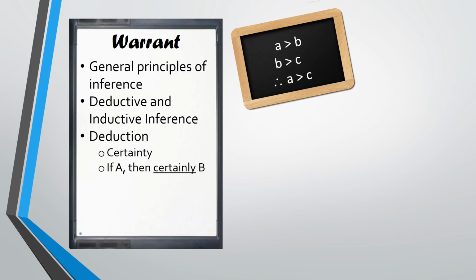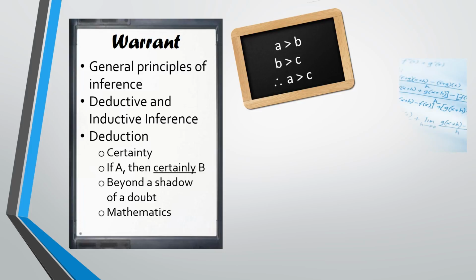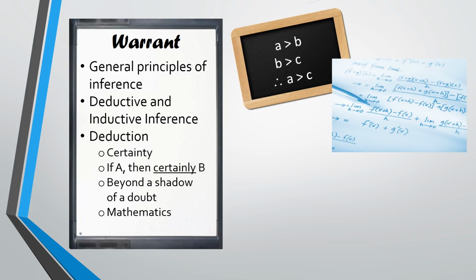So, in good deductive reasoning, the conclusion follows from the evidence without a shadow of a doubt, with no margin for error whatsoever. The two primary examples of this kind of reasoning are in mathematics, as we've just seen, and in what's called formal logic.